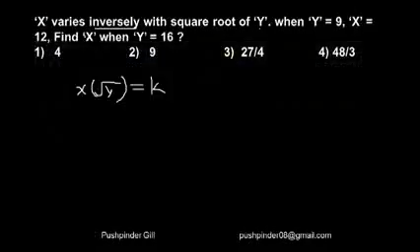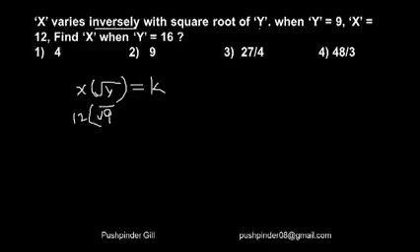Now when y is 9, x is 12. So the value of x is 12 when the value of y is 9. This is going to give me the value for k, which is 12 times 3, that is 36. Now he's asking what is the value of x when y is equal to 16.